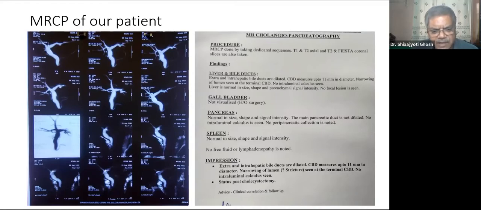Now this is the MRCP of the same patient, and as you can see, there is dilatation of the common bile duct, but no intraluminal pathology can be seen. This patient was elderly, around 60 plus age group. So maybe this is due to the post-cholecystectomy status, because the patient had already had a cholecystectomy 15 years back. So this is possibly in the group in which dilatation of the common bile duct is due to post-cholecystectomy status.